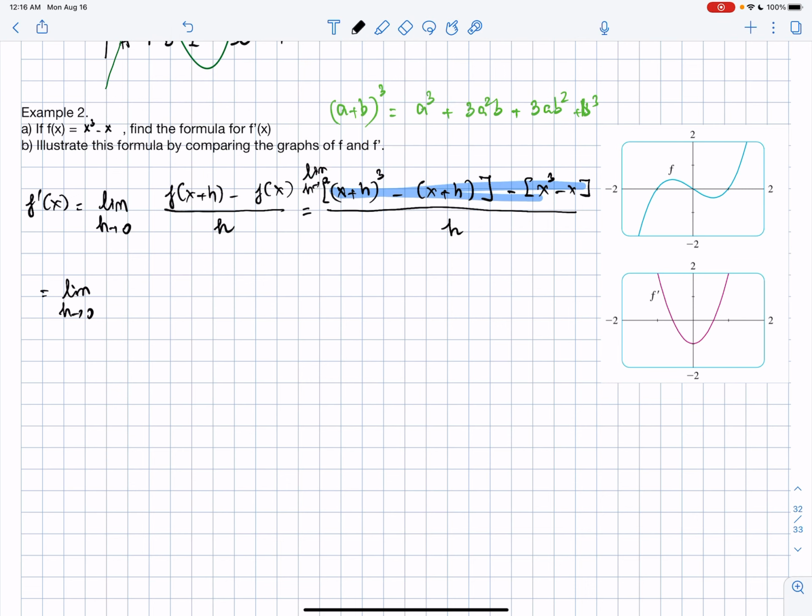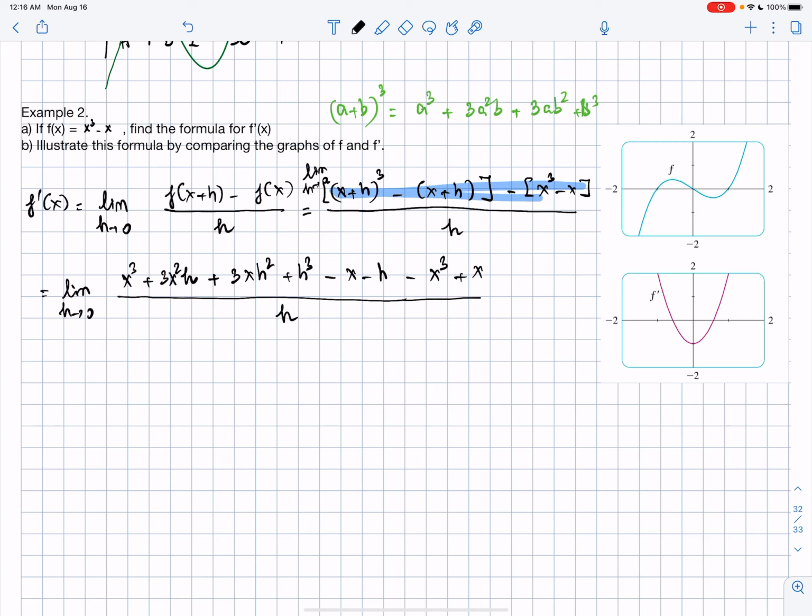Okay, so we will use that for x plus h cubed. So x cubed plus 3x squared h plus 3x h squared plus h cubed, minus x minus h, and then minus x cubed plus x, over h.